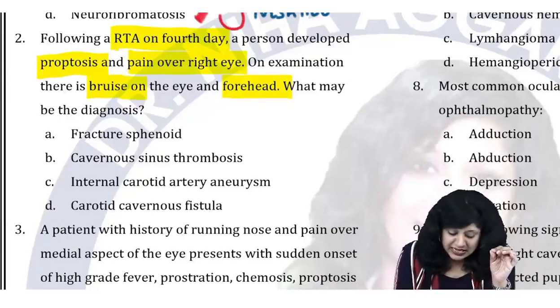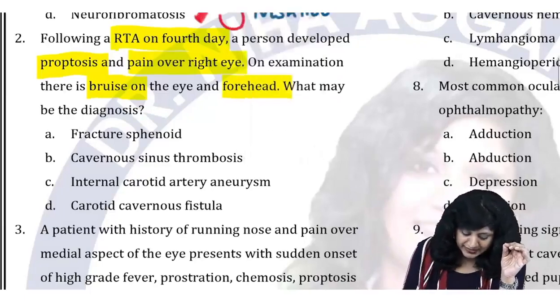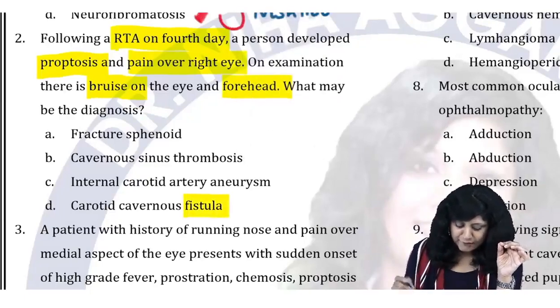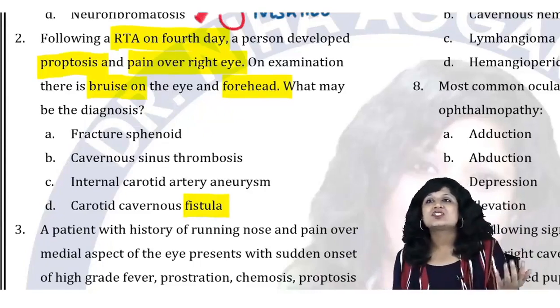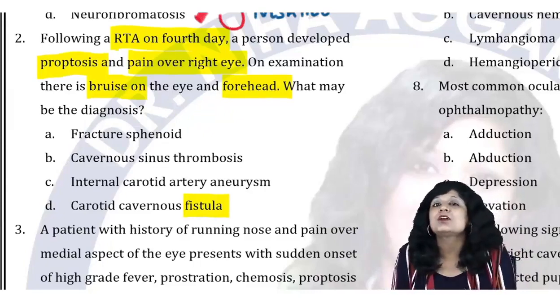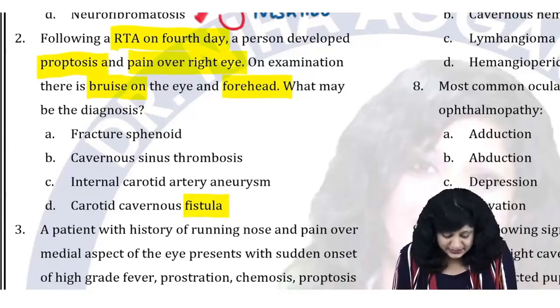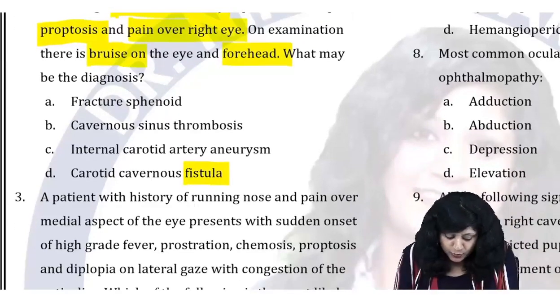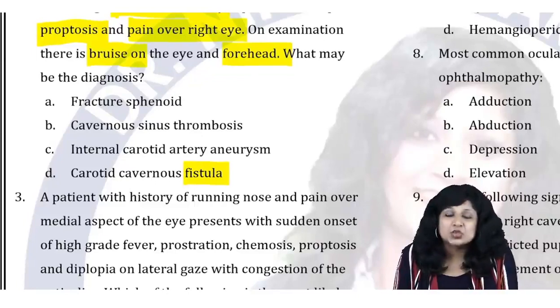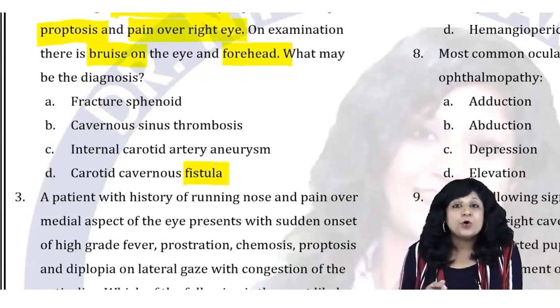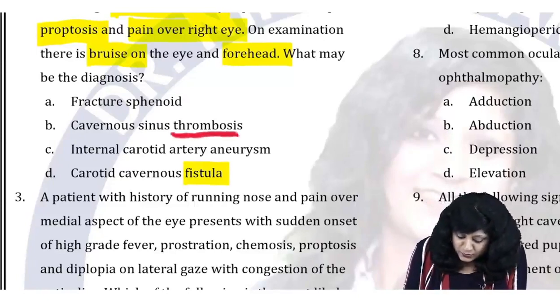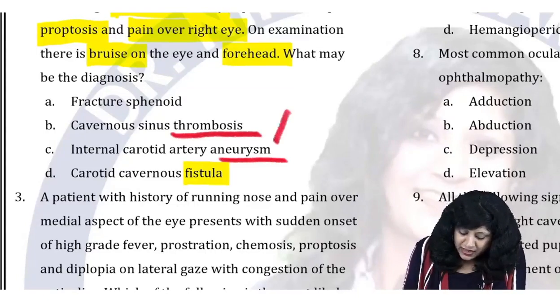The first thing that should come to your mind is actually the fistula. The fracture sphenoid is not a common thing that takes place after the road traffic accident. Now you have got 2 more options, cavernous sinus thrombosis and internal carotid artery aneurysm. Both of these, the thrombosis and aneurysm, are not related to the trauma.